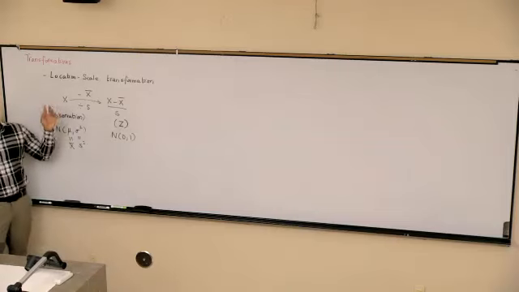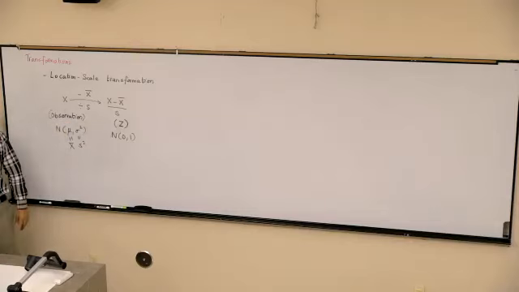Any thoughts as to why we call it a location scale transformation? Kind of takes it from where the data is, kind of zero. I guess it's just looking at it from a relative perspective. That is correct, actually.